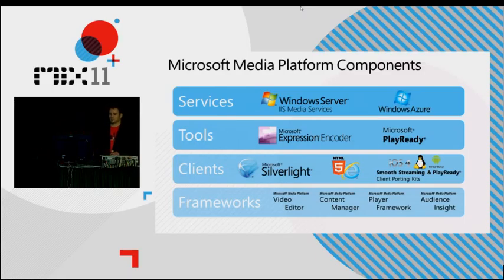And the same goes for PlayReady. We also offer a client porting kit for PlayReady, which allows you to natively decode and decrypt protected content on non-Windows, or non-Silverlight, should I say, clients. And so that's really become an increasingly important option.